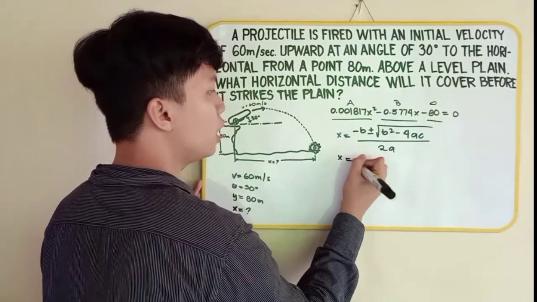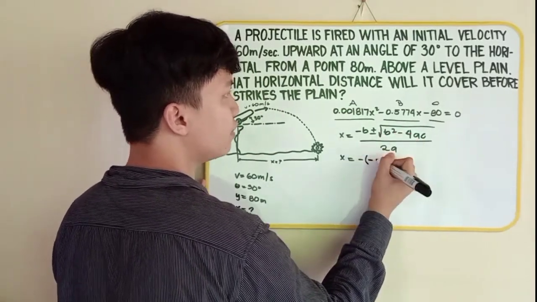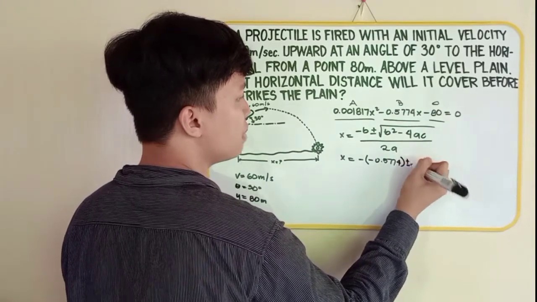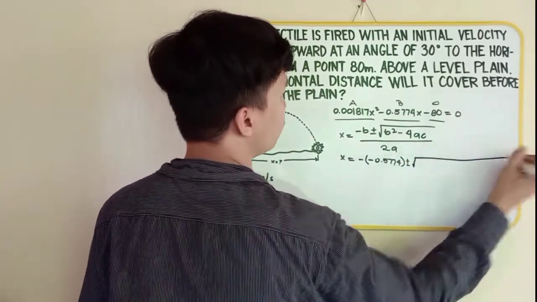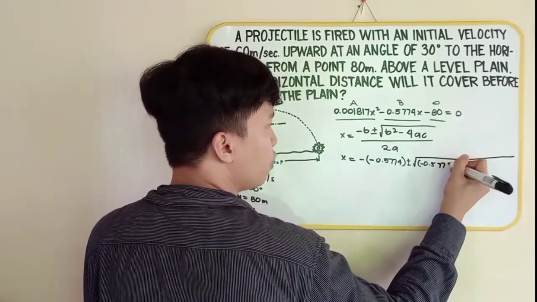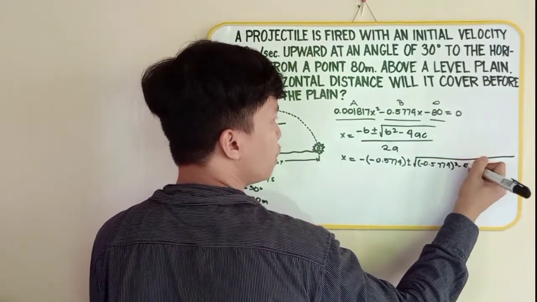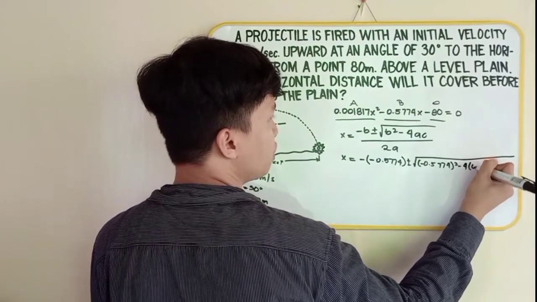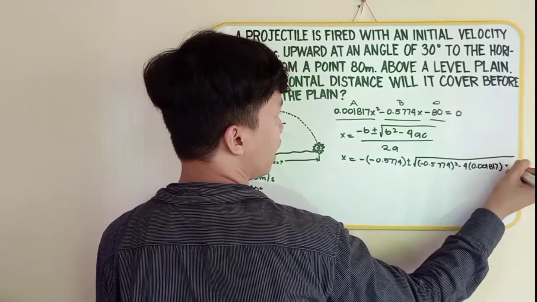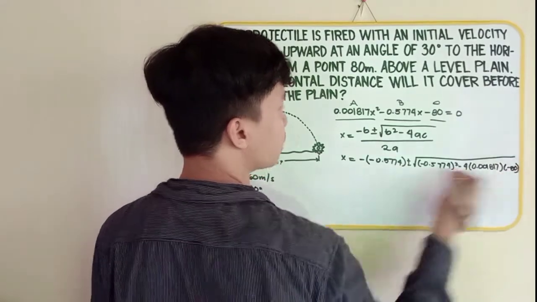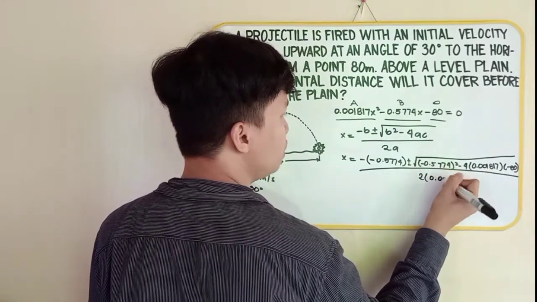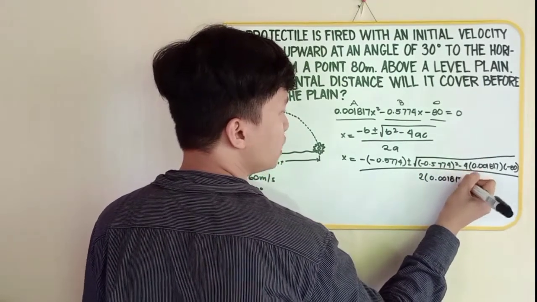So x is equal to negative 0.5774 plus or minus the square root of negative 0.5774 squared minus 4 multiplied by 0.001817 and negative 80, all over 2 multiplied by 0.001817.